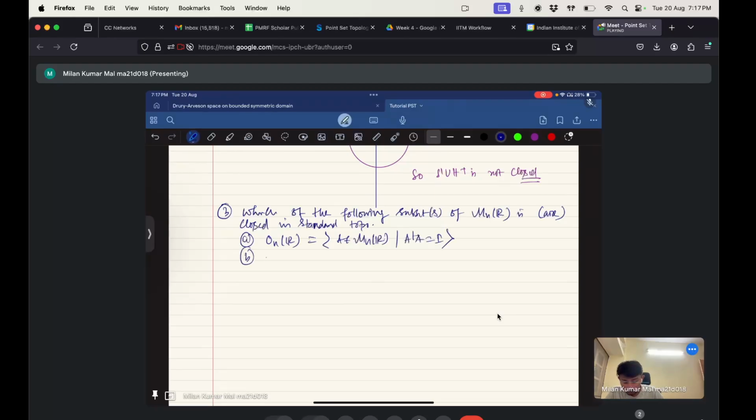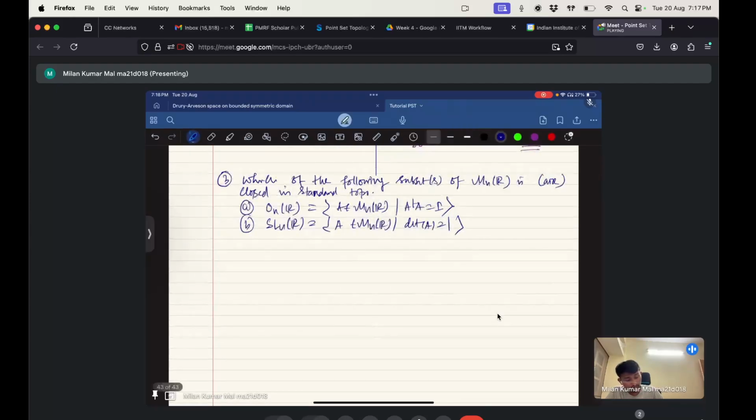Second, SLnR equals all those A belonging to MnR such that determinant of A is equal to 1. We have already checked that this is closed.